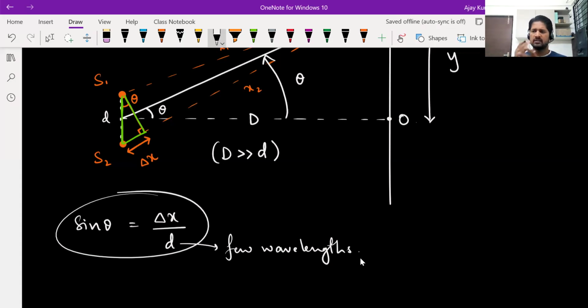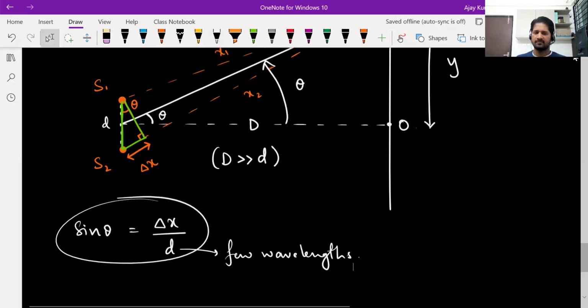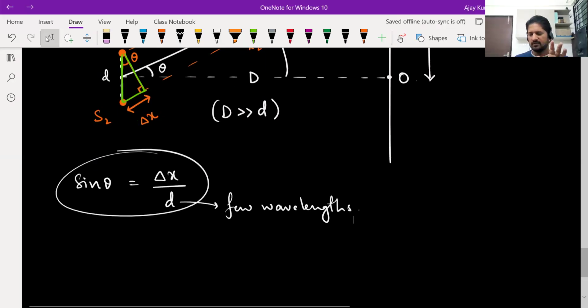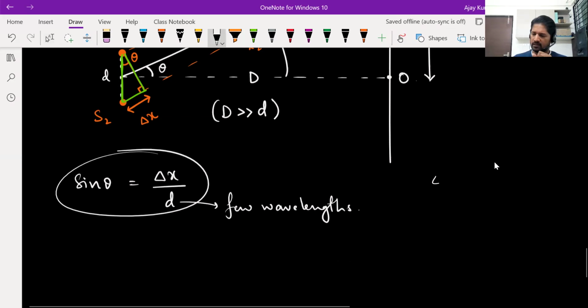Isha, can you tell me what is the range of wavelengths of visible light in the electromagnetic spectrum? Okay. Violet has a wavelength of 400 nanometers. Red has a wavelength of approximately 700 nanometers.